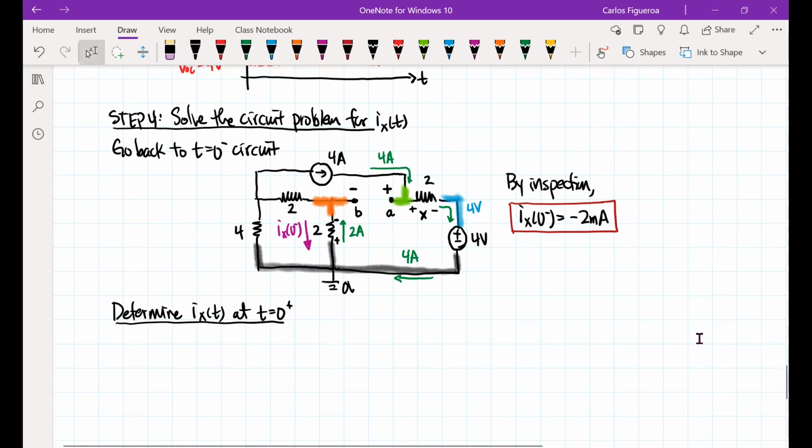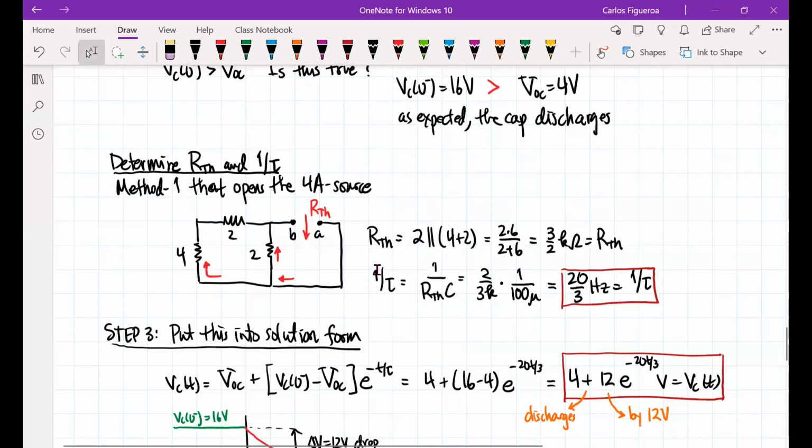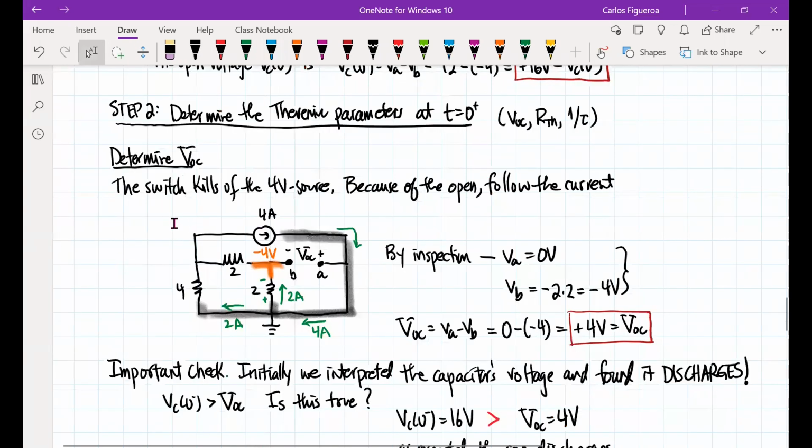So if I do that, what do I have here? Well, the circuit at t equal to 0 plus. Now note, we have that already, right? This is the circuit that we actually have right here. This is the circuit at 0 plus.